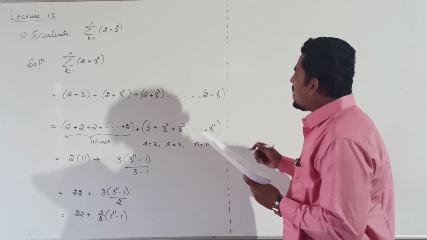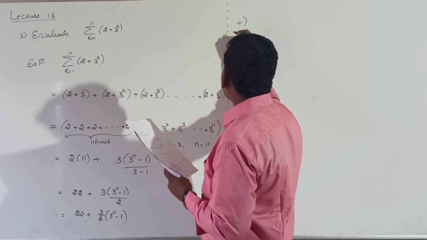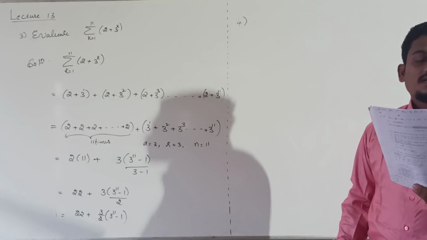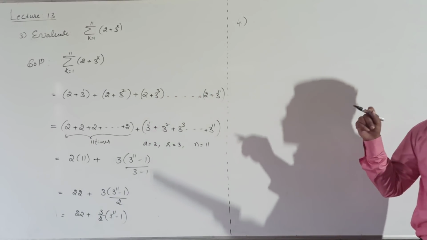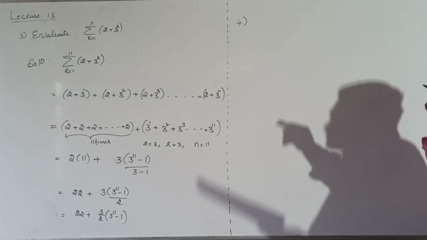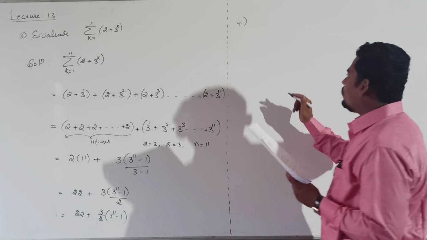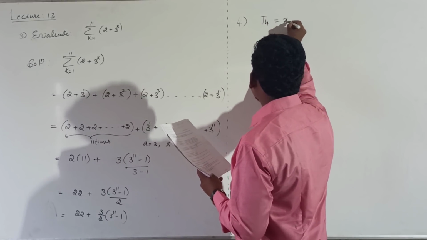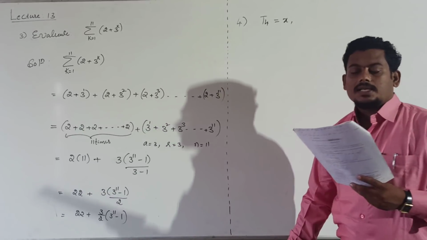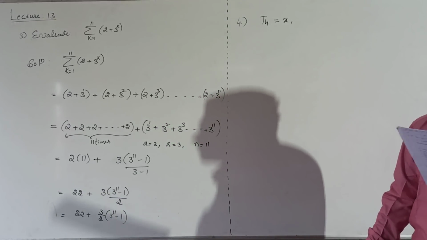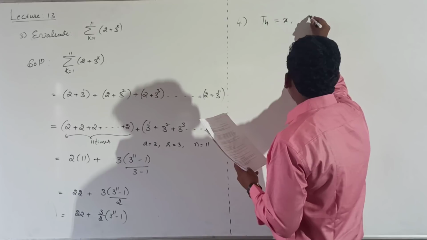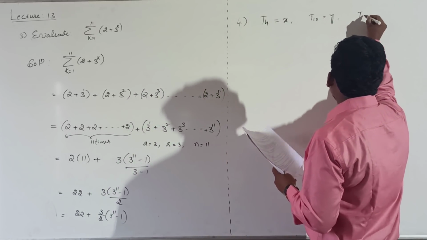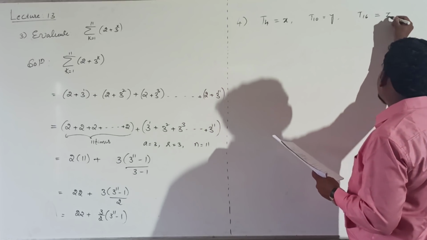What have they given? The 4th term, 10th term and 16th term of the GP are x, y, z respectively. The 4th term is x, the 10th term t10 is equal to y, and one more condition, the 16th term is z.